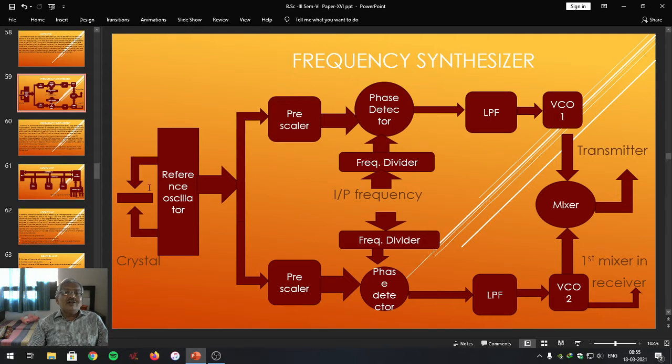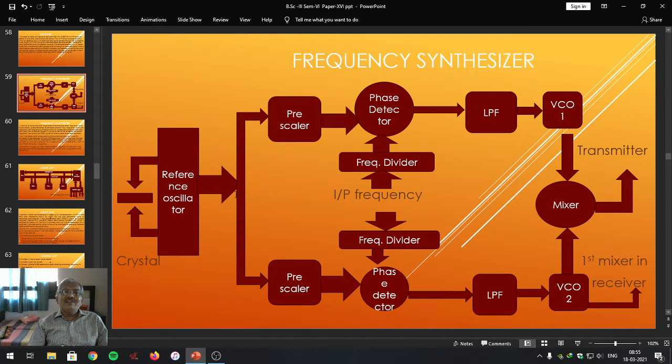The crystal of fixed frequency along with the reference oscillator acts as a crystal oscillator that provides the necessary stable frequency.